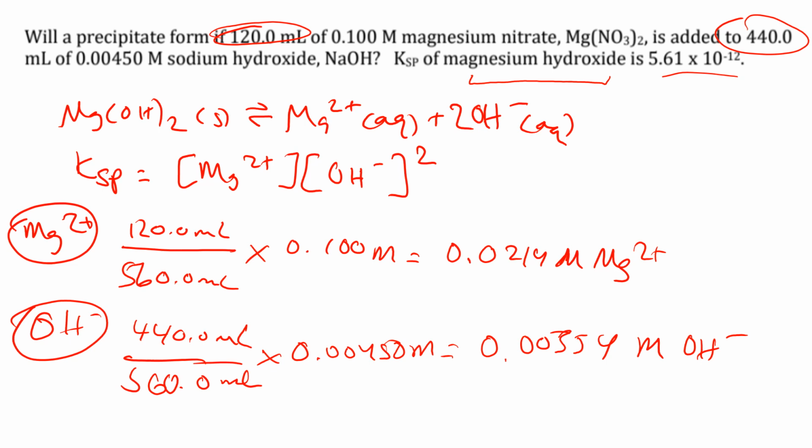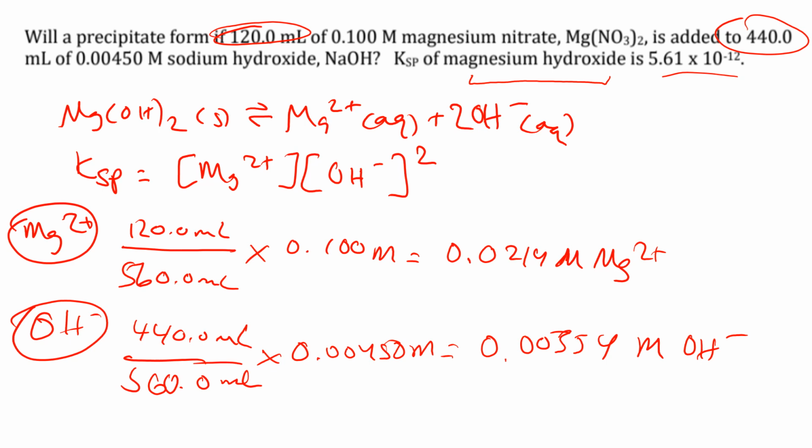Cool, and we're not even done yet. This is my equilibrium, but I'm going to use a Qsp. That's kind of like the reaction quotient we had before, something similar. So we're going to take my Qsp and plug in my new concentrations. I'll probably have to erase some of this, but it's okay.